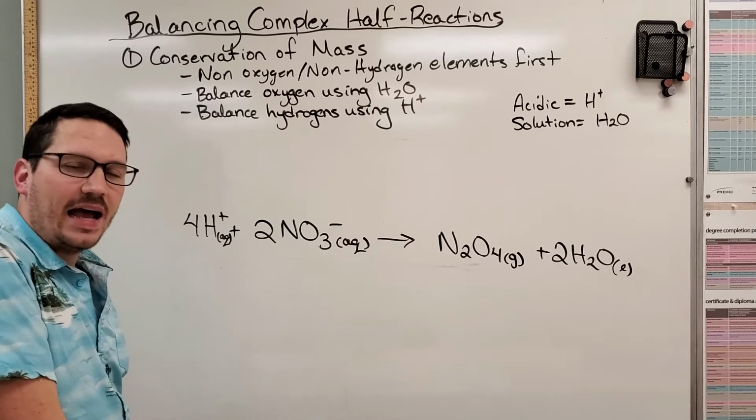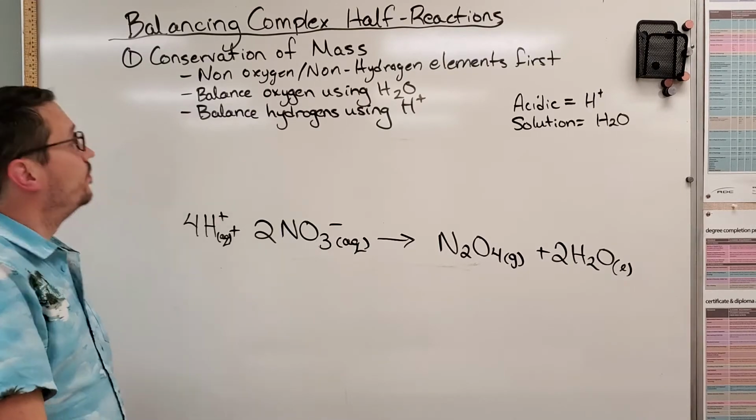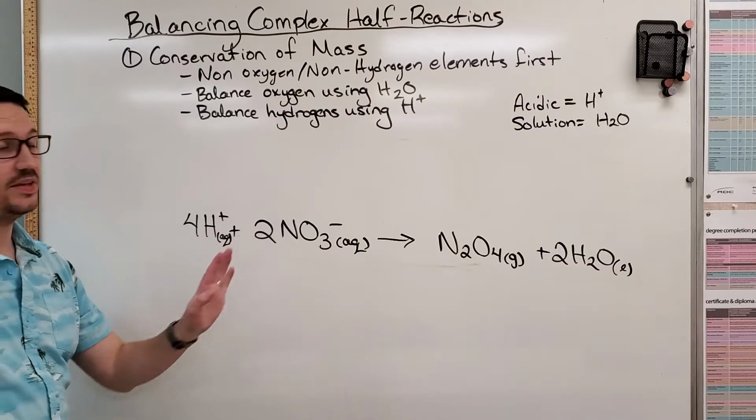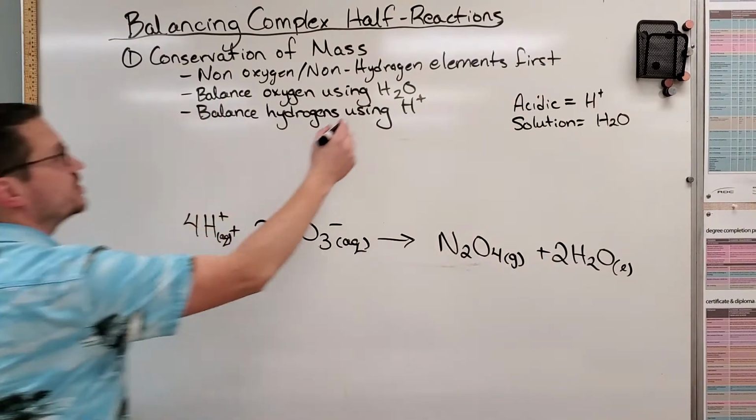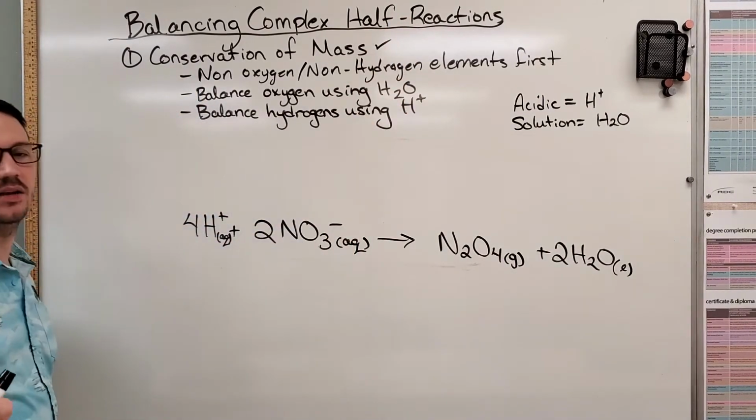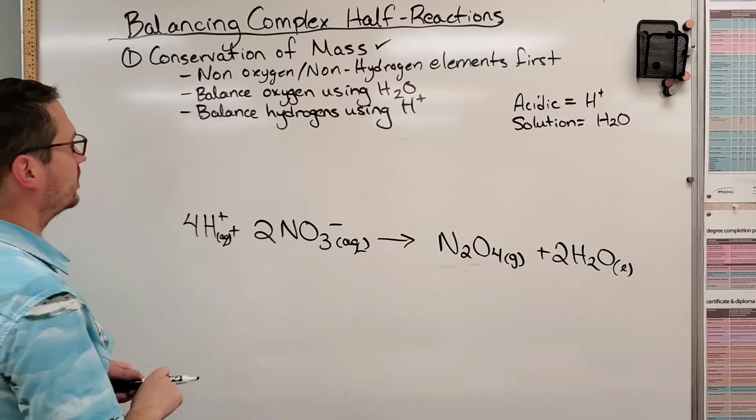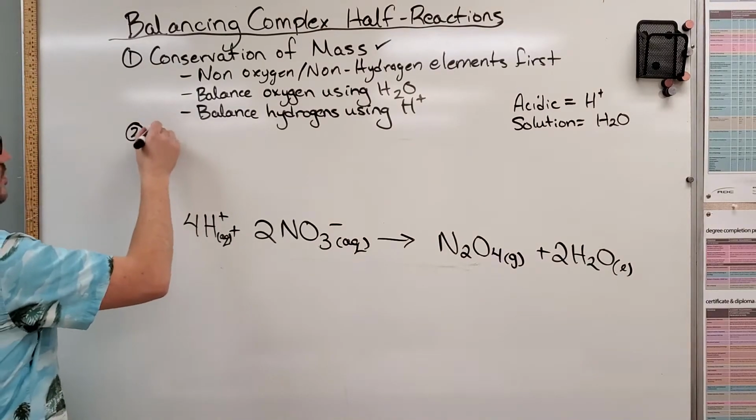And then the very last thing that I need to do, because I've balanced all of the elements, so my law of conservation of mass is done. Now I need to balance using the law of conservation of charge.